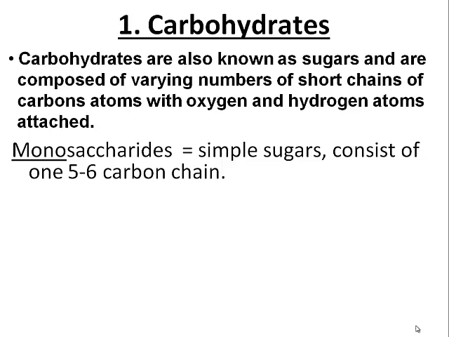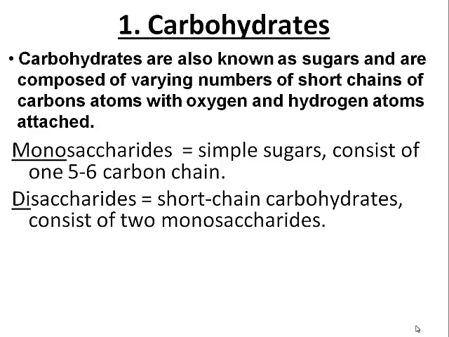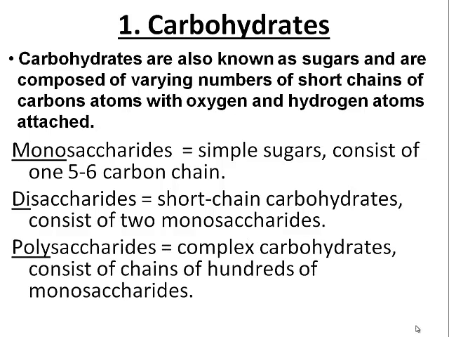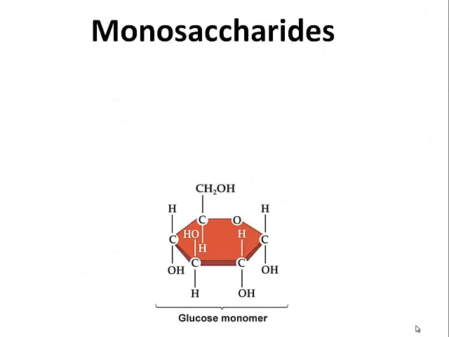And so monosaccharides are composed of very short chains, 5 to 6 chains of carbon atoms. Disaccharides are just 2 monosaccharides that are put together, and then polysaccharides are 3 or more monosaccharides that are placed together in a chain.